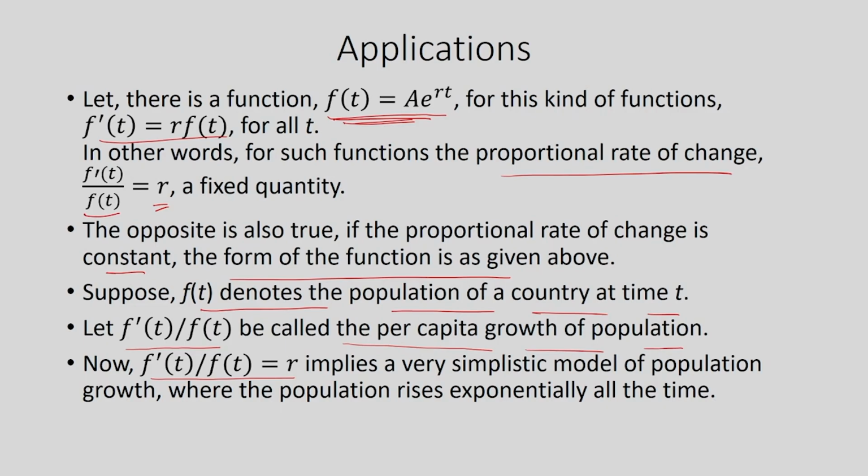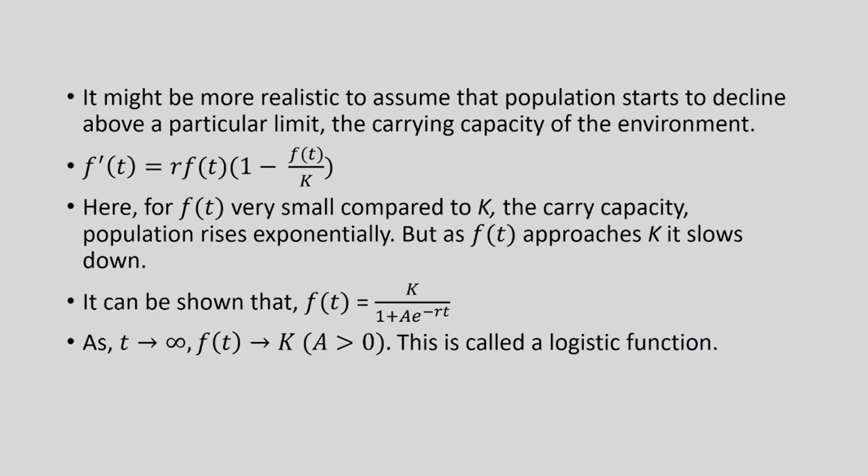This is an exponential function where R is constant. So, it basically means that the population is rising all the time at an exponential rate of growth. And that may not be correct for a long period of time. It may be correct for a short duration of time, but may not be for longer time durations.